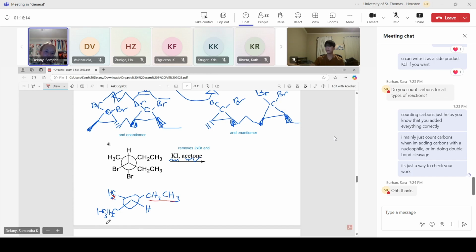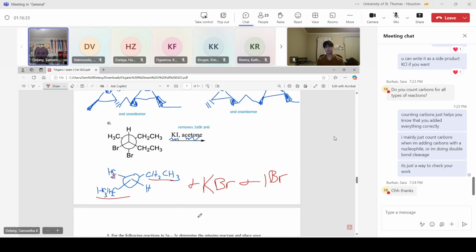You can see the biggest substituents are trans from one another. They're opposite. And then you just need to write out the 2 other products, which are KBr and IBr. Each one gets a bromine. Okay, any questions on this one?